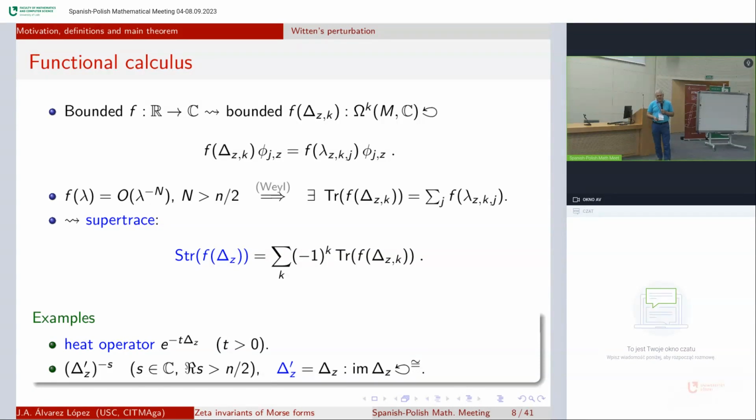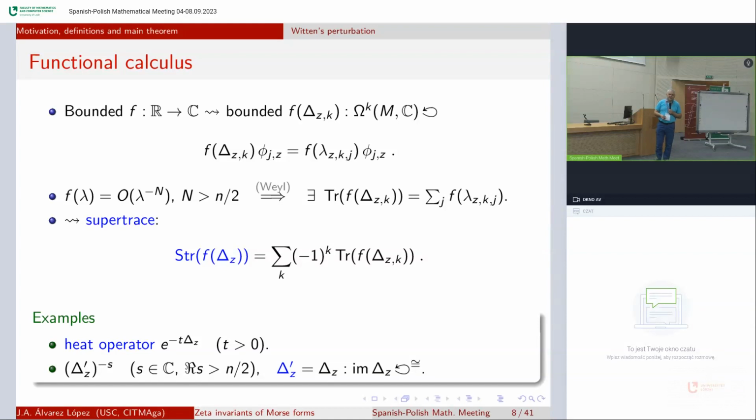If the function decreases like lambda to the minus n, with n greater than half of the dimension, then the above wave formula gives that the function of the Laplacian is of trace class, and the trace is just the sum of the function evaluated on the eigenvalues.